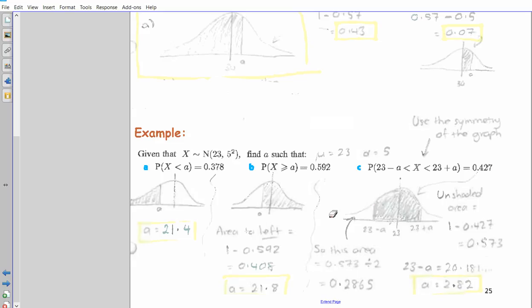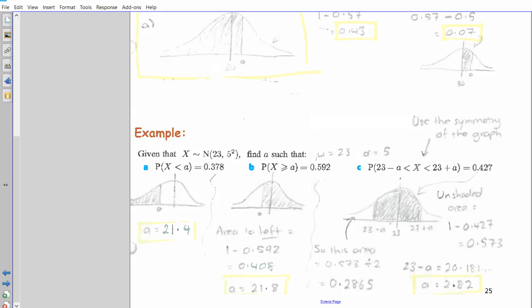What I did was I worked out what the whole unshaded area was, and I just divided it by 2. So the whole unshaded area must be 1 minus the shaded area, 1 minus 0.427. So these two unshaded areas add up to 0.573, and I need to input just this one area. So they're equal in size, so I just divided this area by 2. So 0.573 divided by 2, the area that goes into the inverse norm on the calculator is 0.2865.